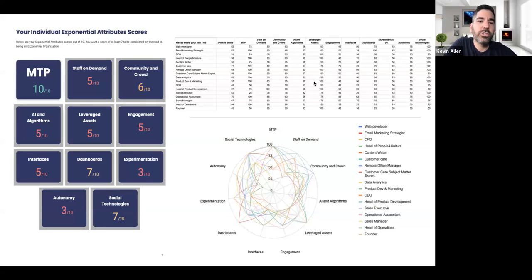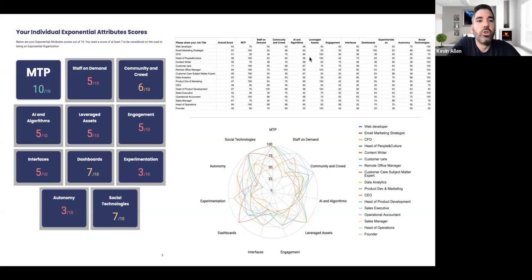And what you're seeing on the screen now is essentially what you then can do. And Bash, I just see you asked the question here about whether this can be used for startup businesses, and absolutely, running the exponential quotient can be very valuable for a startup.